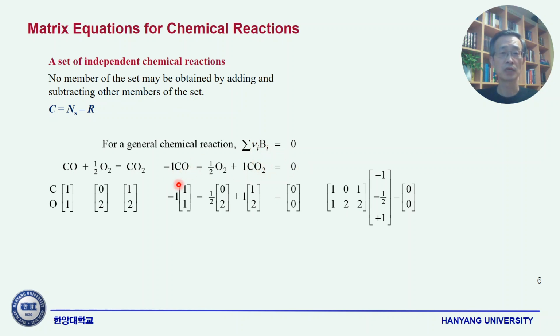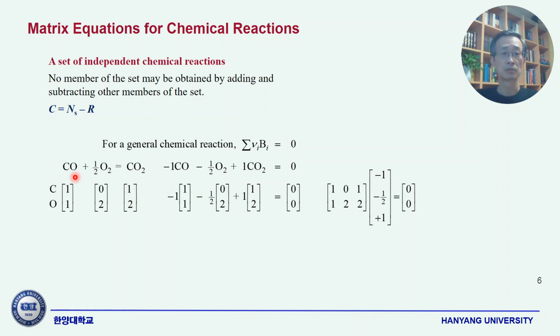Then out of this we can write the chemical equation in such a way, a kind of vector form, with a molecule or species as a vector, and the stoichiometry equation is written as a vector sum, just like this. For example, CO has 1 carbon, 1 oxygen, so it's a column vector 1, 1. Oxygen is just O2, no carbon and 2 oxygen, so 0, 2 is the column vector for O2. CO2 is 1 carbon, 2 oxygen, so the column vector is 1, 2.